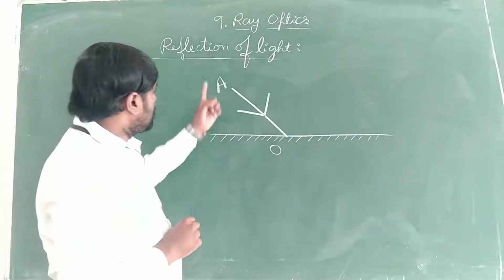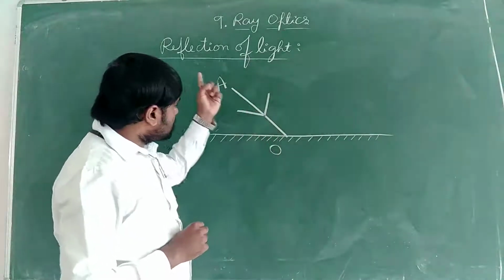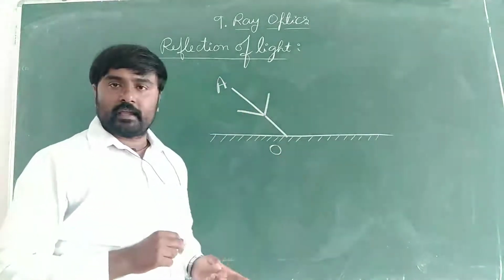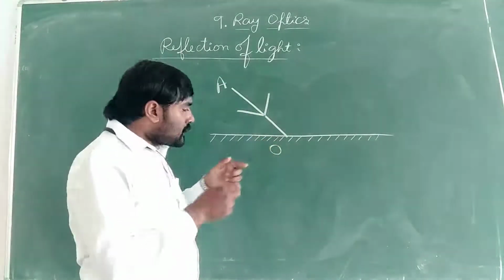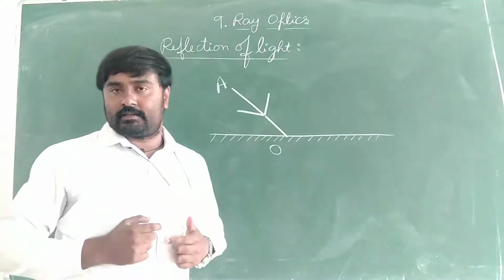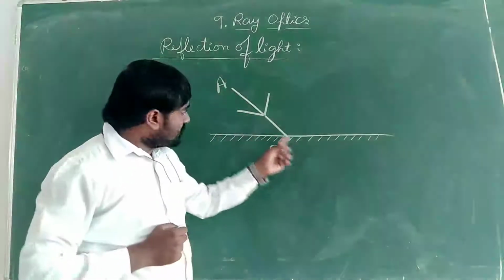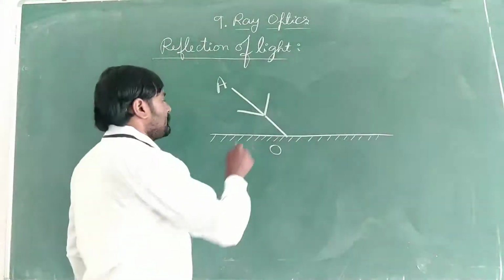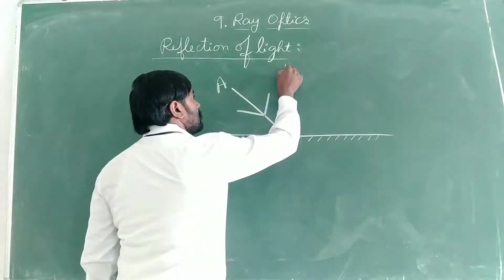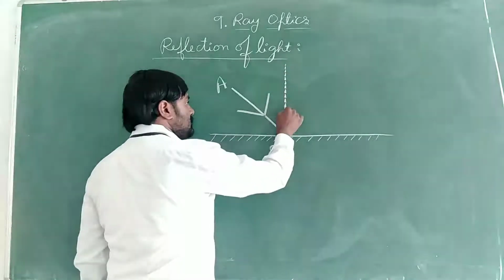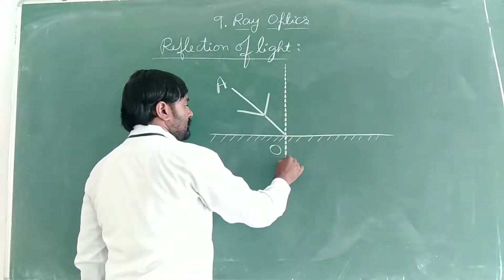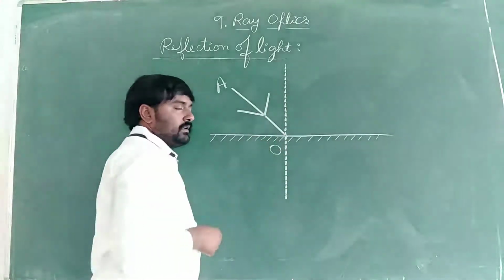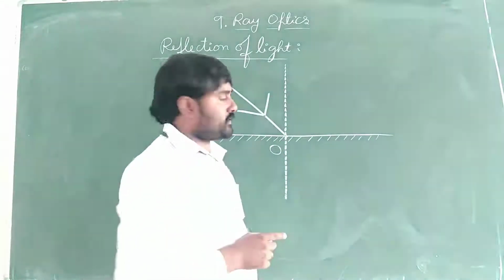So here AO is the incident ray. O is the point of incidence. And this is the normal at the point of incidence.